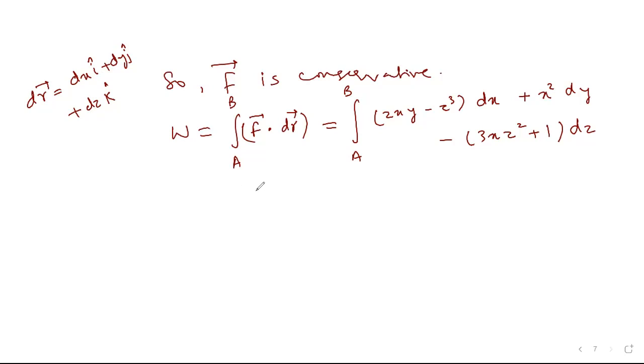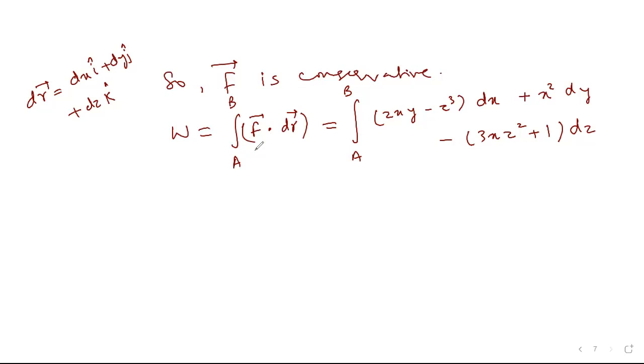Now we have to specify a path to evaluate this integral. But we have an advantage. The advantage is F is conservative, and we know for a conservative field, this work depends only on endpoints A and B. It is independent of the path.